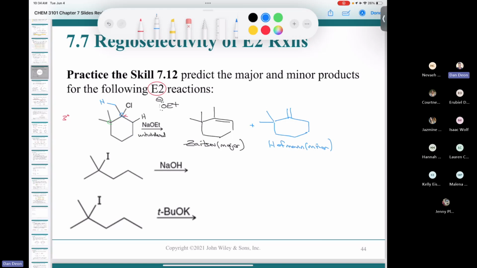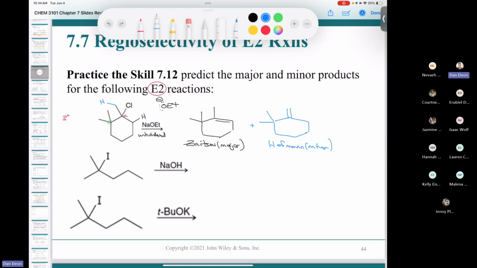That one is going to give you a less substituted alkene. And since the black one gives you the more substituted alkene, that's going to be the more thermodynamically stable product. So the unhindered base is going to give us that alkene.